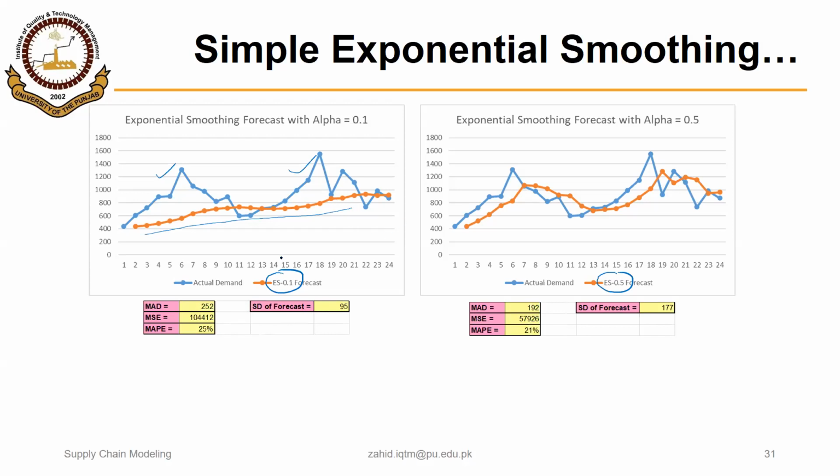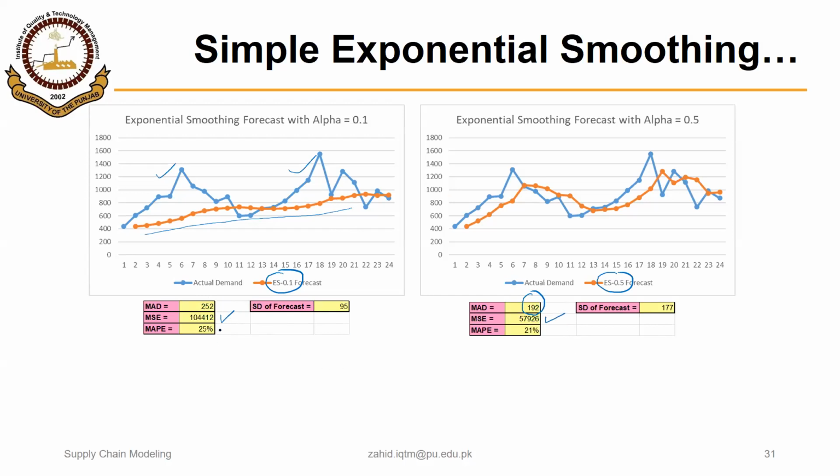So the forecast error for smaller alpha is larger as compared to forecast error for larger alpha. And the same you can see for MSE, mean squared error, which is larger in this case for alpha 0.1 and smaller for alpha 0.5.